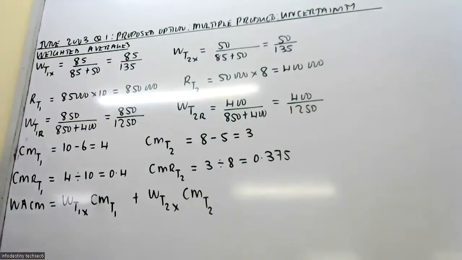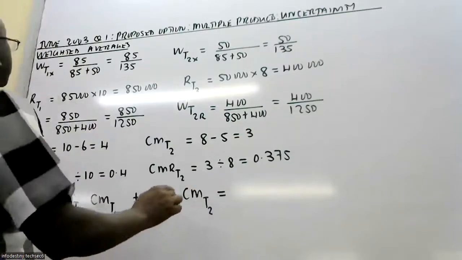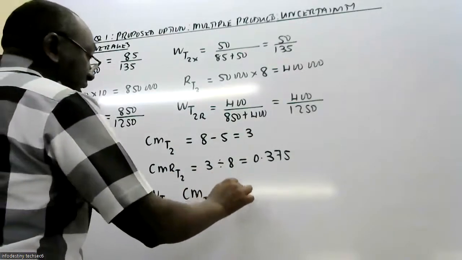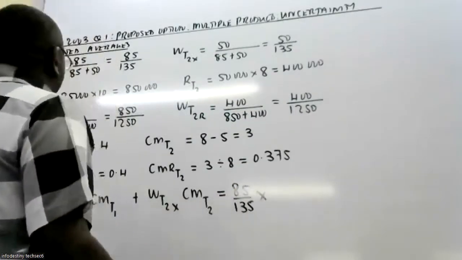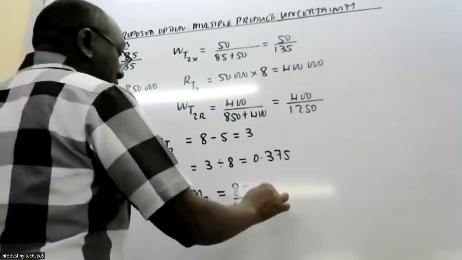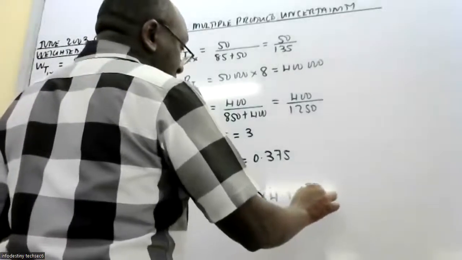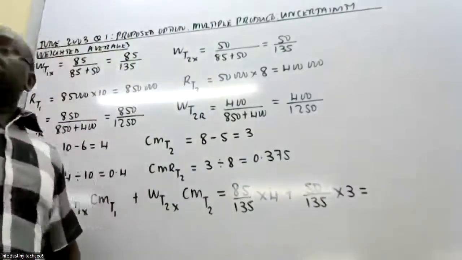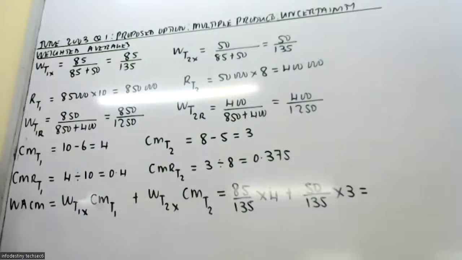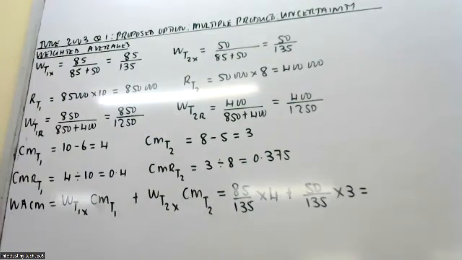So this one will be 85 out of 135 multiplied by the contribution margin, which is 4, plus 50 out of 135 times 3.